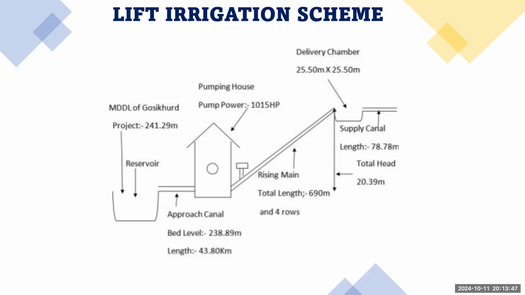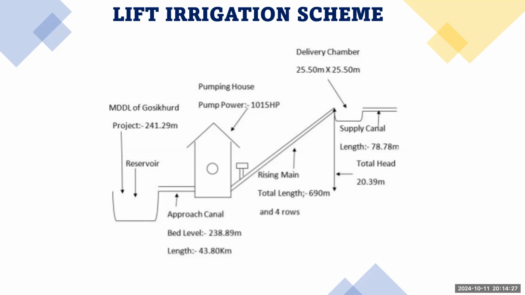So as a minor irrigation scheme, we are going to discuss a small lift irrigation scheme which will irrigate a very small area. Opposite to that, in a major lift irrigation scheme, the area to be irrigated is very large and it covers a greater command area. So there are two possibilities in lift irrigation scheme. It may be major or minor. Now we are going to discuss this with respect to the minor lift irrigation scheme.